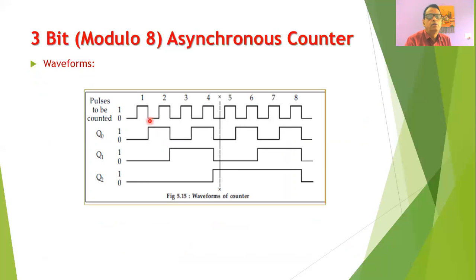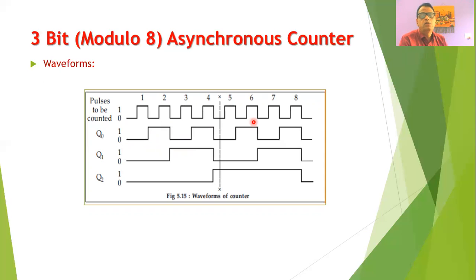And at the trailing edge, one can observe that after the first clock pulse, output Q0 will get toggled and change to 1, while outputs Q1 and Q2 will remain 0. After the second clock pulse, output Q0 again changes, and Q1 also changes, but Q2 will not change. In this way, we can draw the waveforms, and these waveforms are drawn exactly as per the truth table of the 3-bit counter circuit.